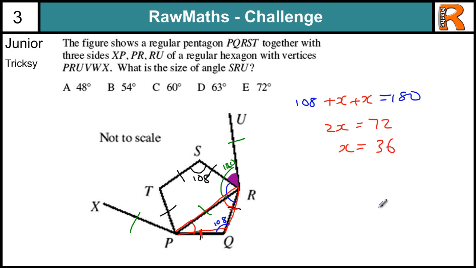That leaves us with this part of the blue angle, which is 108 minus 36, which is 72, and then we've got 120 minus the 72 equals 48. And that's our answer, A.